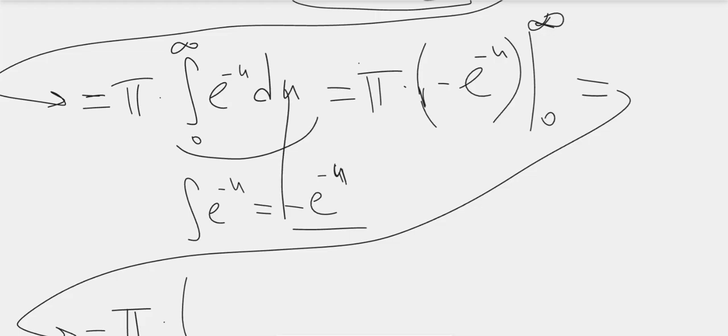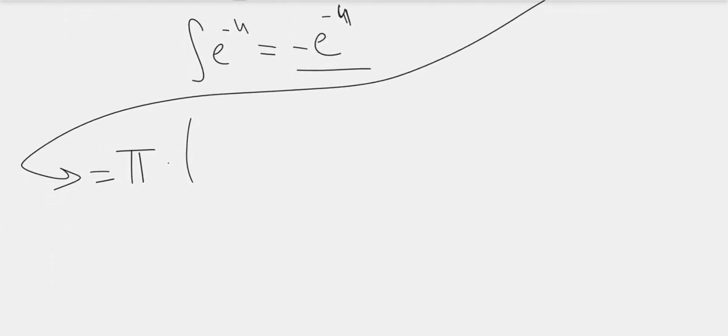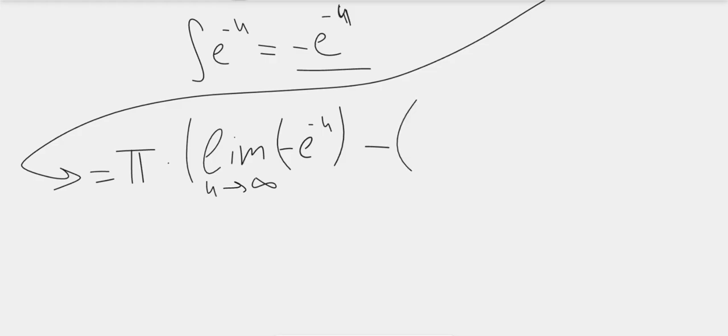So it's the limit when u tends to infinity of minus e to the power minus u, minus minus e to the power minus 0. Now let's evaluate this.